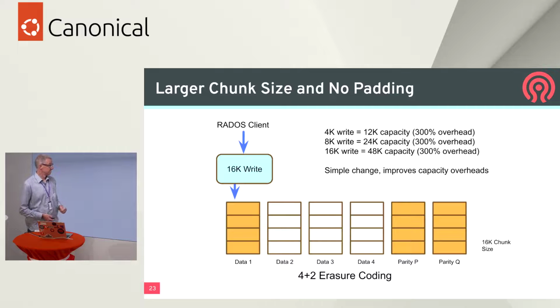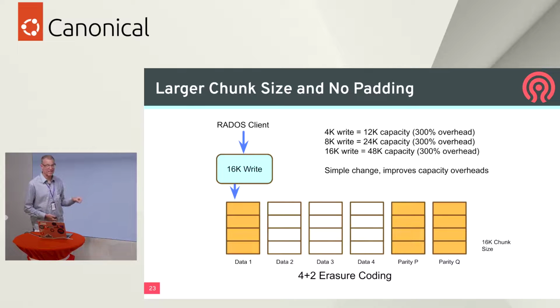Another advantage here is with really small objects. So let's say I wrote a 1 byte object. With the current scheme, it would take the 1 byte and pad it out to the 4K chunk size, and so it would be 4K on each of the data drives and each of the coding parities.